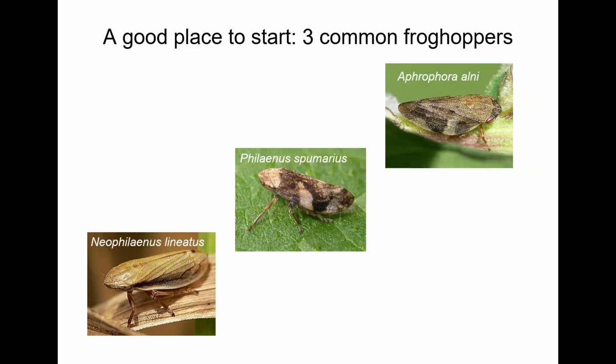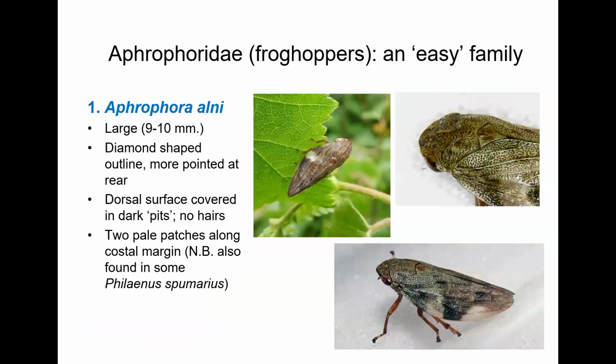They're very, very common and very widespread. So from the point of view of a newcomer to the group, this is a very good place to start to get really familiar with these three species, which you're bound to come across pretty soon. And once you're familiar with those, it'll give you a bit of confidence in tackling some of the other more challenging species. So I'm just going to run through each of those and say a little bit about them to help with the identification.